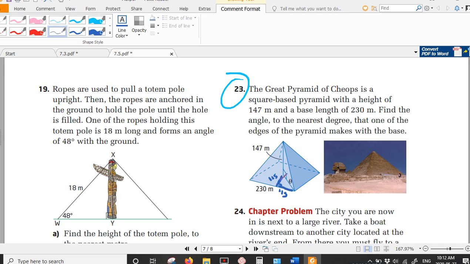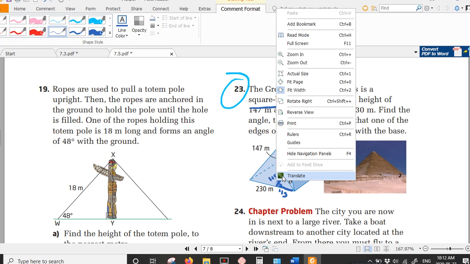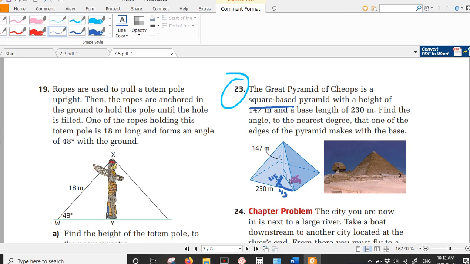Well, because this is a square base pyramid. Okay, so now this is 115, this is 115. I can use Pythagoras, 115 squared plus 115 squared, to find this length. Once I have this length, and I have this length, I can use my tan ratio to find this angle.